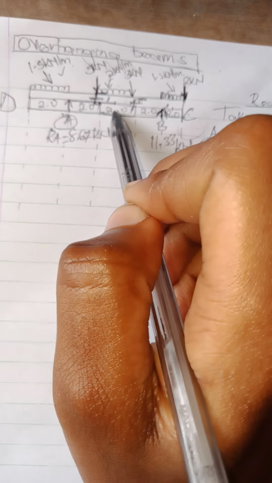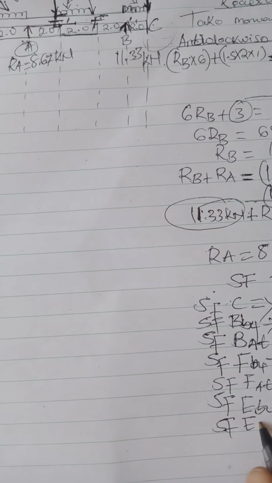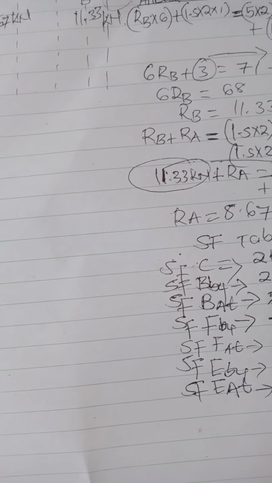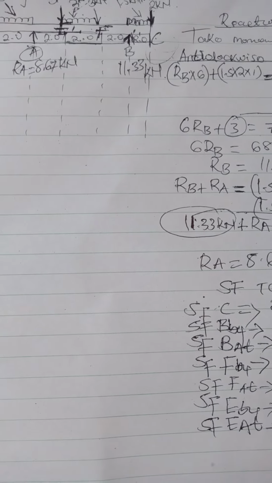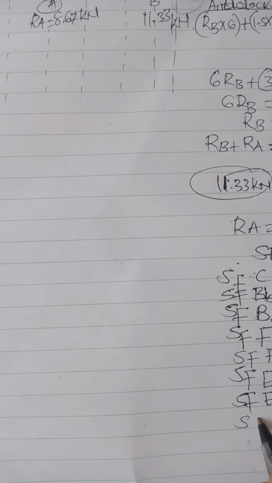Now we are multiplying to find out the other meter it is acting upon. 2 times 2, so our answer will be 0.67 kilonewtons before E. Then SF at E, we take the 0.67, we add yet again the 5 kilonewtons, which gives us 5.67 kilonewtons.